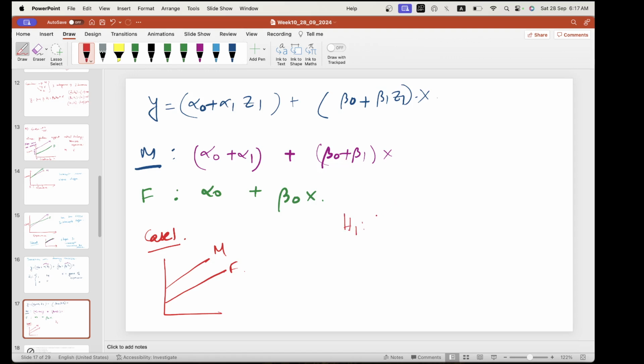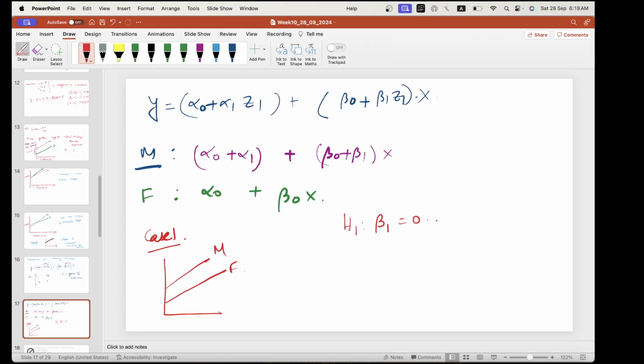So we have to test beta 1 equal to 0. If this term is set to 0, then the slope becomes beta naught x, and this is some alpha star, this is alpha naught, and they differ. All right.